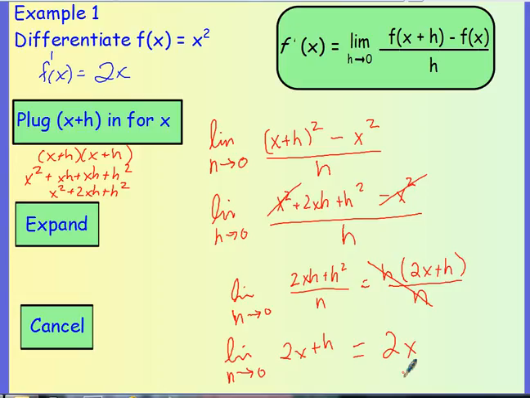Yes, sir. Why what? Because this is the first way. This is what a derivative actually is. The shortcut is, hey, look, here's the deal. When do you find a shortcut? After you've been there. You see what I'm saying?